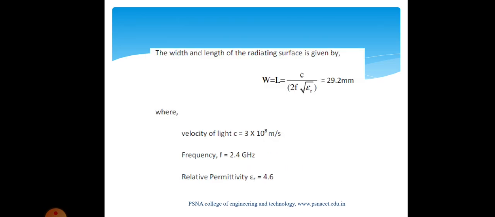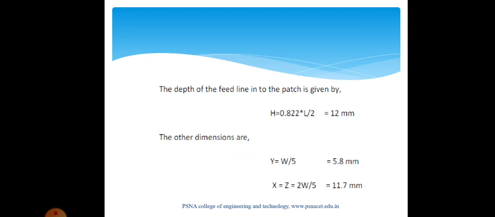I'll show you. The width and length of the radiating surface that we have chosen are for 2.4 gigahertz. The length and width are equal. By substituting the values, we get 29.2 mm for 2.4 gigahertz and a relative permittivity of 4.6.